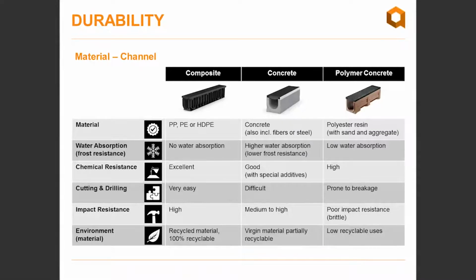Then the environmental aspect, it's not really related to durability, but definitely to the material. Composite is made of recycled material and is 100% recyclable as well. Concrete trench drains are made of virgin material and can be partially recyclable also. Mainly, the concrete will be crushed and used as aggregates. Polymer concrete has very low recyclable use.